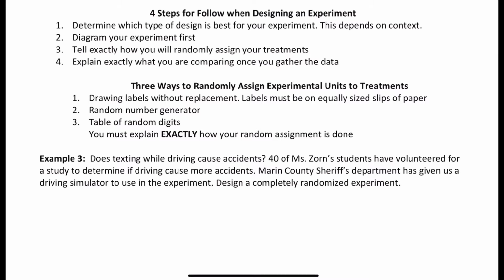There are 3 ways to randomly assign those units. So we can either draw labels without replacement, and they must be on equally sized slips of paper, a random number generator, or a table of random digits. Really, these are the 3 different ways to take an SRS.